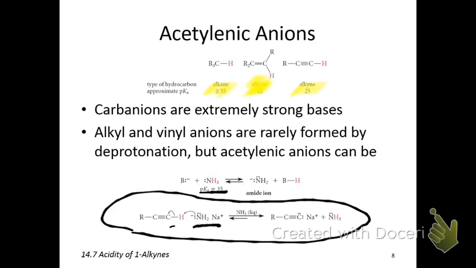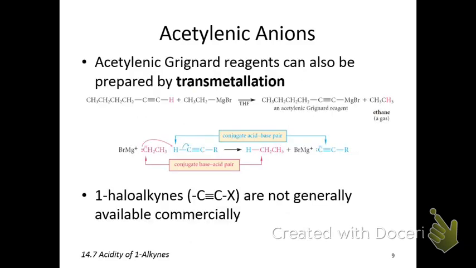The amide, that's the name of the conjugate base of ammonia, successfully removes the proton from a terminal alkyne, leading to a carbanion. That's simply because of the relative pKa's and therefore the equilibrium of the acid-base reaction. Once we do that, we can use the carbanion to do some other chemistry.